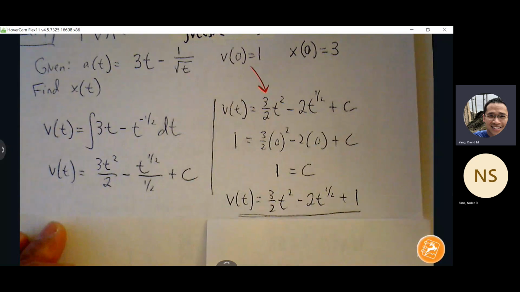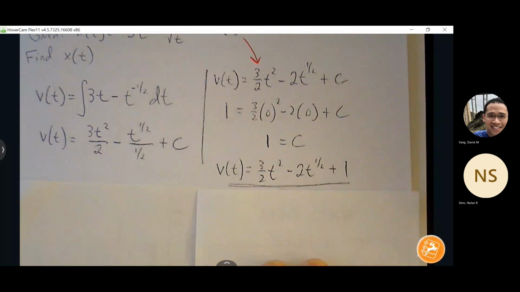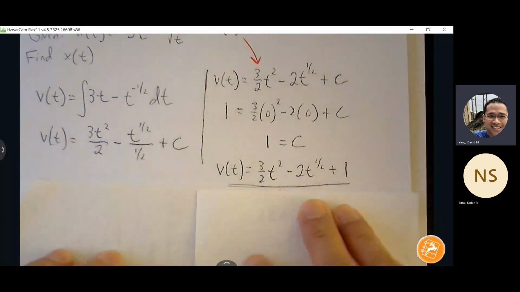Now we can update our velocity function. So we're halfway there. With acceleration, we moved up to velocity level. Now, one more process to bring us up to position, right? Any questions so far? Okay, so now we can take the antiderivative of velocity.